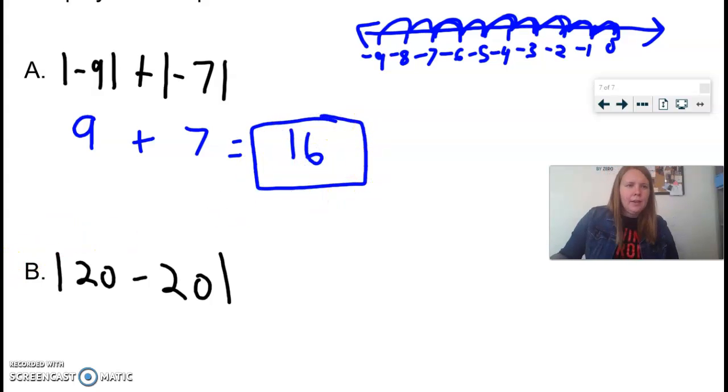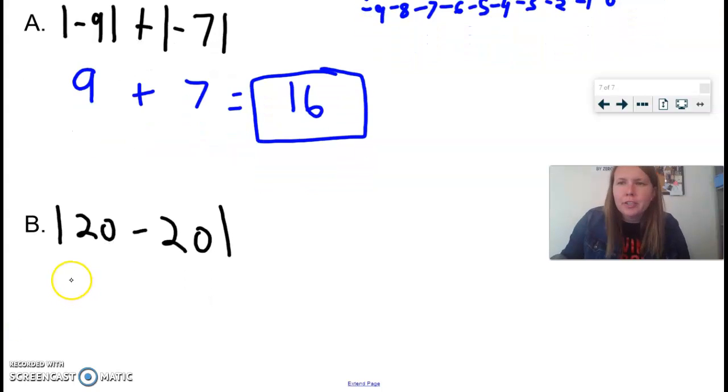Now for 20, we've got an operation within the actual absolute value bars. This is a lot like parentheses when you're doing your order of operations. You'd want to do whatever is in here, if you can solve it out, that is. Sometimes it'll just be x, or like x plus 3, but we can't solve that. That's something for next year, I'm pretty sure. So we need to solve out the inside part first.